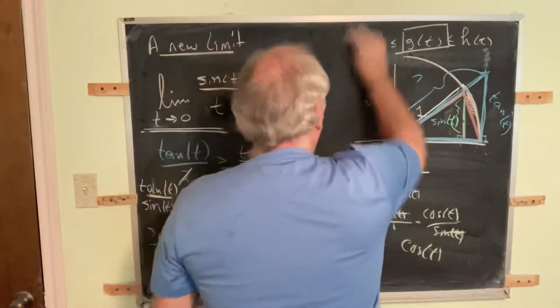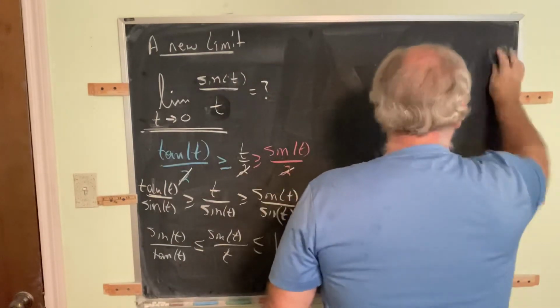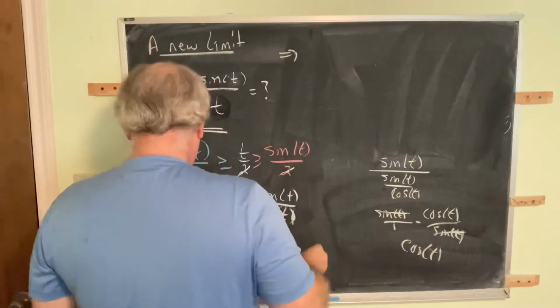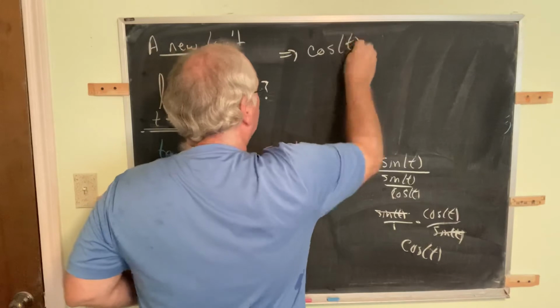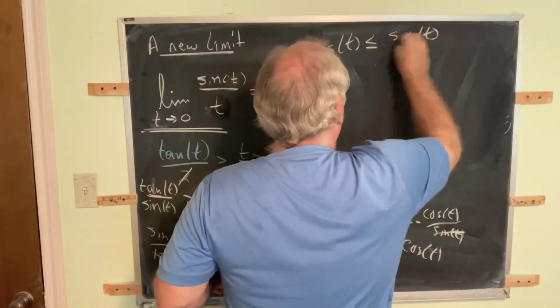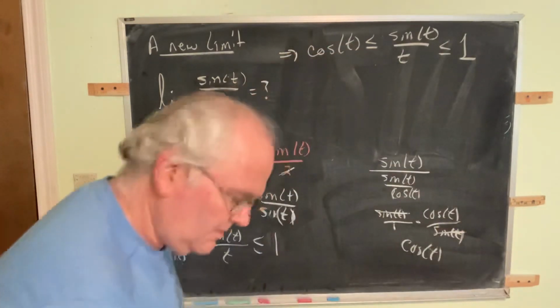And so what we inherit from this, I'm going to put it up here in this region. What we inherit from this and from the triangles and the sector, we have now established that cosine of t is less than or equal to sine of t over t, which is less than or equal to 1.